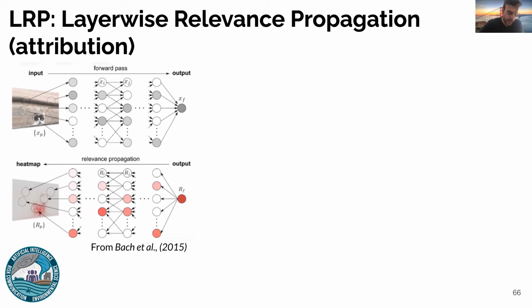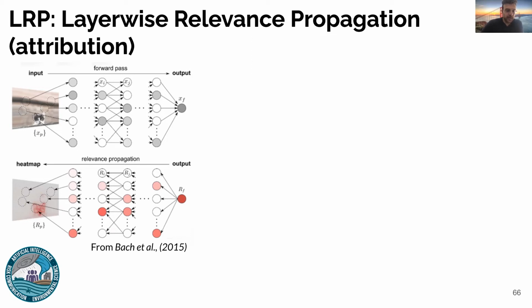And while we do this back propagation of the prediction, at each step we try to assess which neurons of the previous layer contributed the most to the neurons of the next layer. In this way, layer by layer, that's why it's called layer-wise relevance propagation, we estimate the relevance or the attribution of each neuron to the prediction.